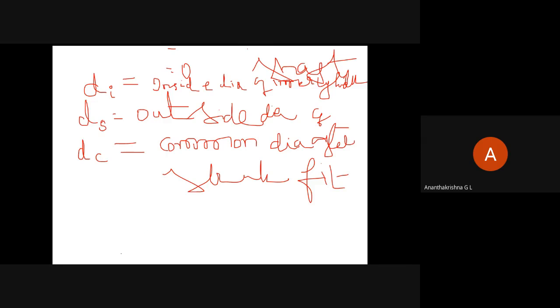Next is PC. PC is equal to the contact pressure, or pressure at the contact surface.